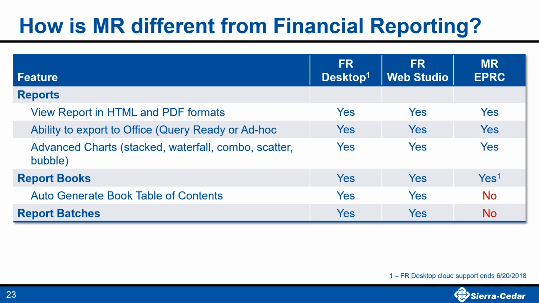Here, the big takeaway is that in management reporting, you cannot create report books, but as Jason mentioned, you can create report packages. Those take the place of the report books that you can do in FR, and you still cannot do report batches. And next slide.